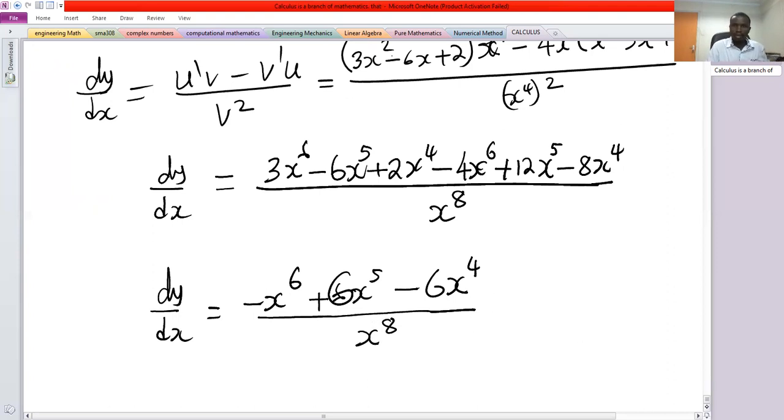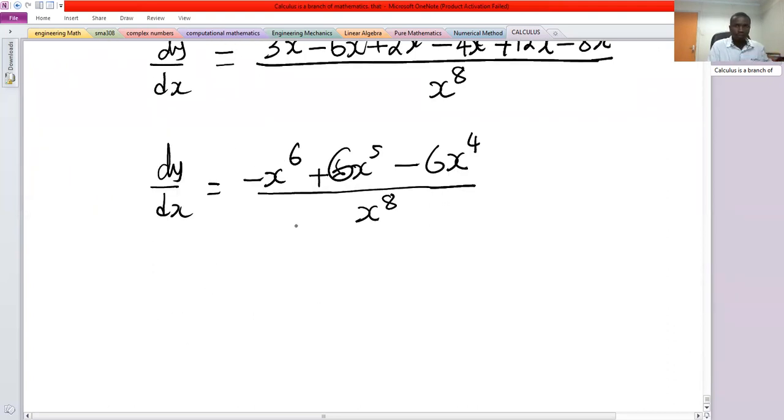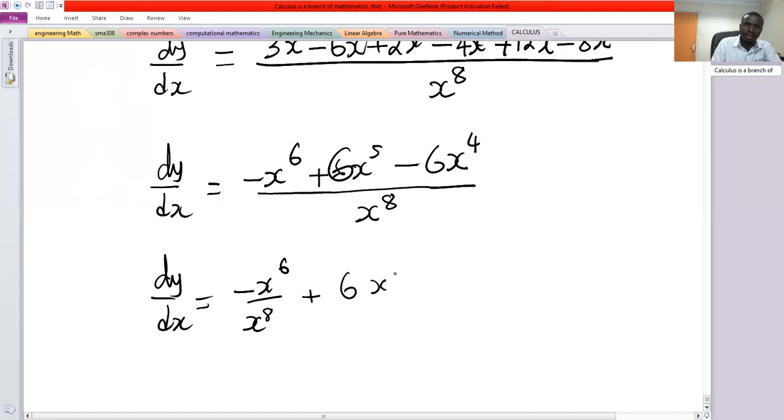And you see, this is the same as dividing each term by x power 8. So we'll have dy dx: minus x power 6 over x power 8 plus 6x power 5 over x power 8 minus 6x power 4 over x power 8.